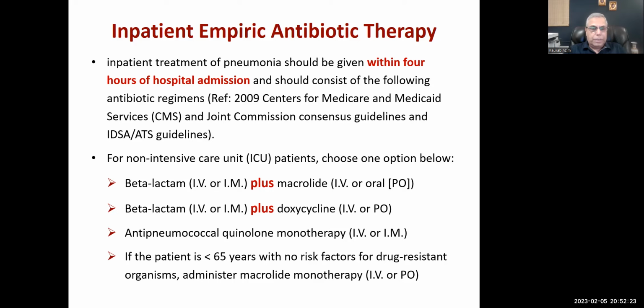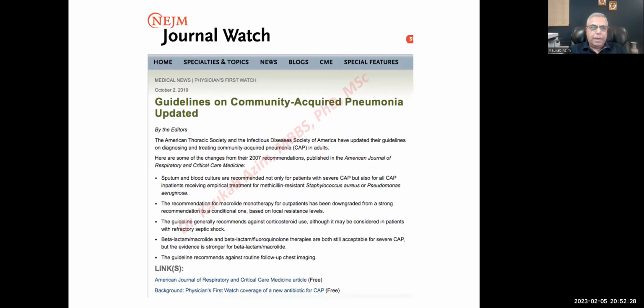All right, so these are the drugs. You have to know all these drugs for the examination. And this was 2019. Now, guidelines on community-acquired pneumonia were published in the New England Journal of Medicine. What they're recommending is that sputum and blood cultures are recommended. And remember, we have to take those before initiating the antibiotics. All right.